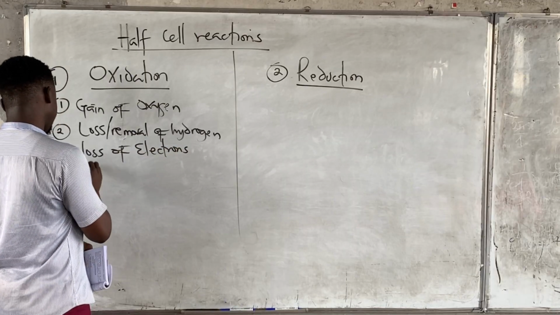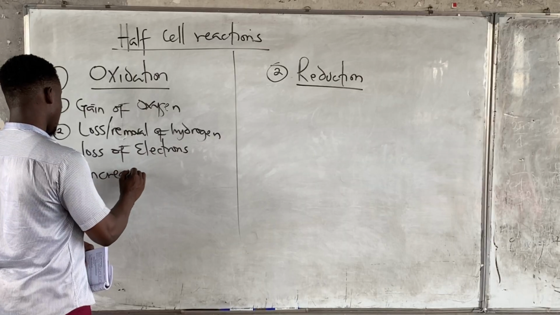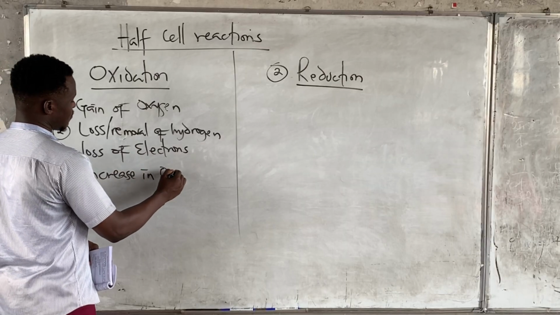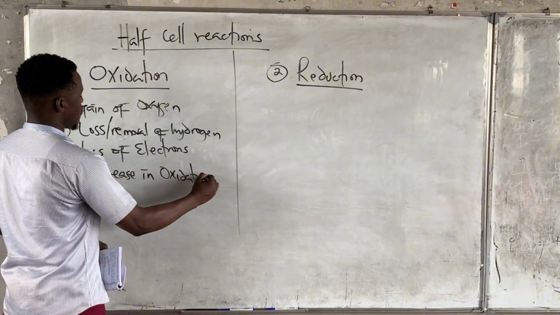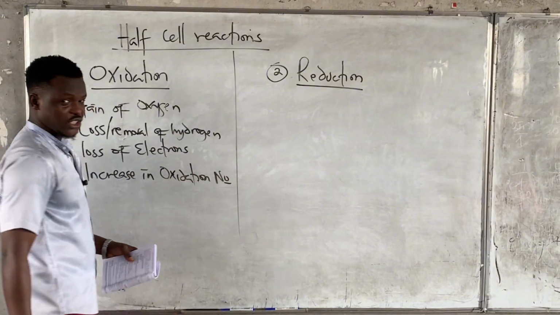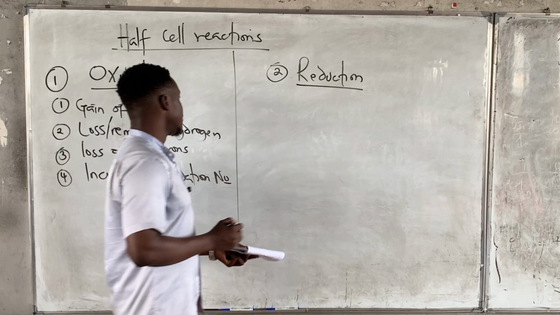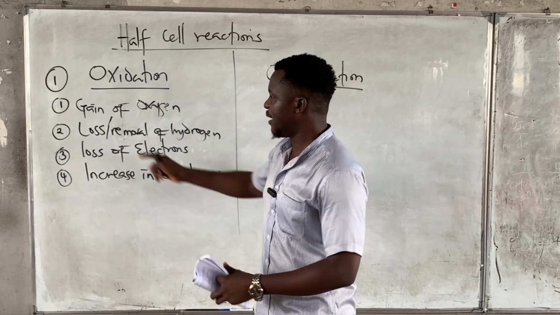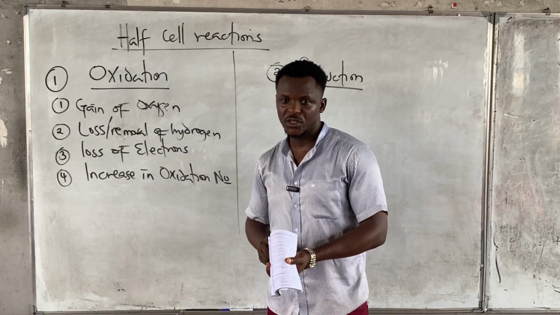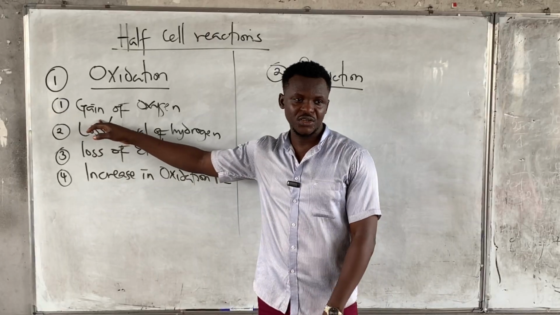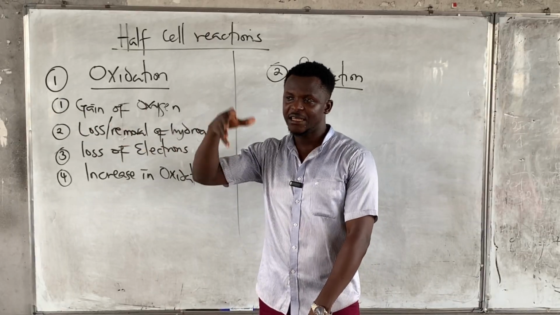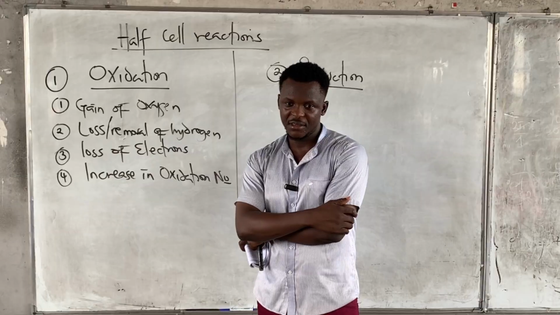Number four, increase in oxidation number. Now this gain is the same thing as saying addition, so it's gain of oxygen or addition of oxygen. Anytime oxygen is being added to a substance, that's basically oxidation.